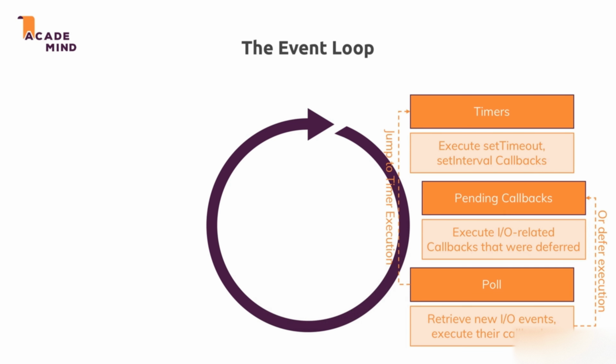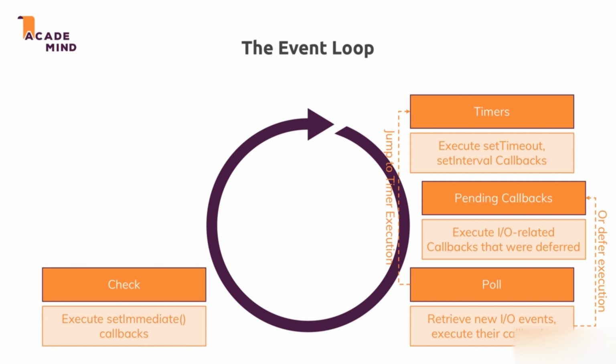Important, it also will check if there are any timer callbacks due to be executed. And if that is the case, it will jump to that timer phase and execute them right away. So it can actually jump back there and not finish the iteration. Otherwise, it will continue. And next, set immediate callbacks will be executed in a so-called check phase.